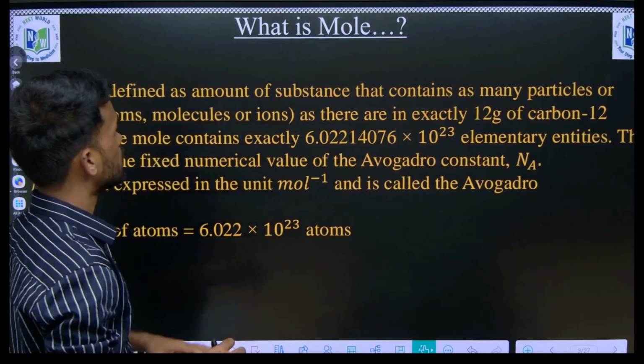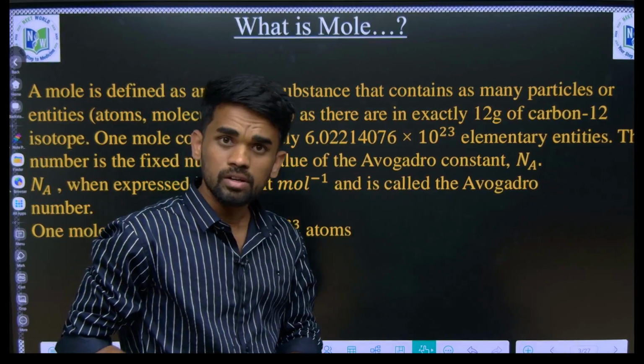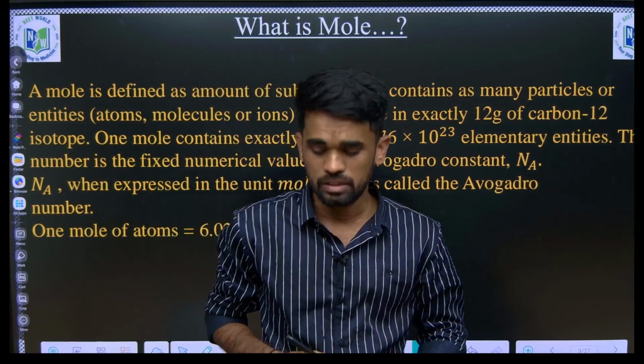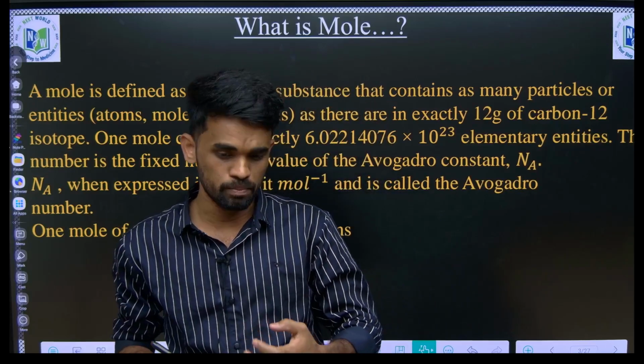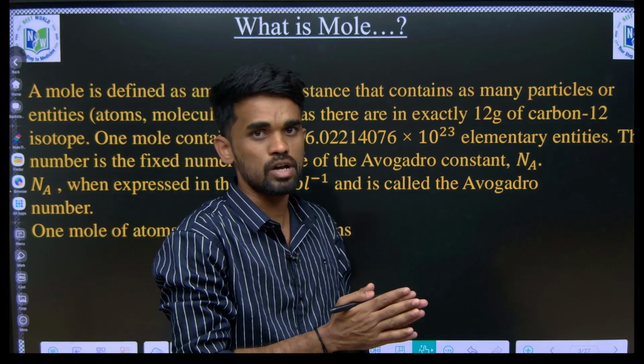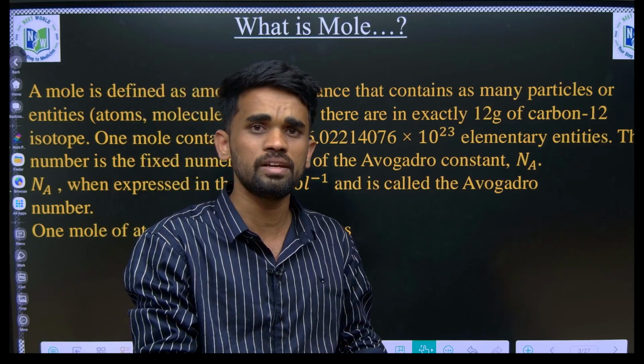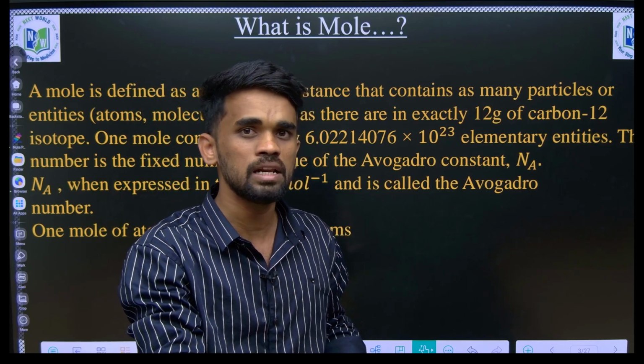So what exactly is a mole? When we go to a market, we usually buy some vegetables. Let us say we are buying a kg of tomatoes. In a kg of tomatoes, approximately there will be 10 to 12 tomatoes, right?